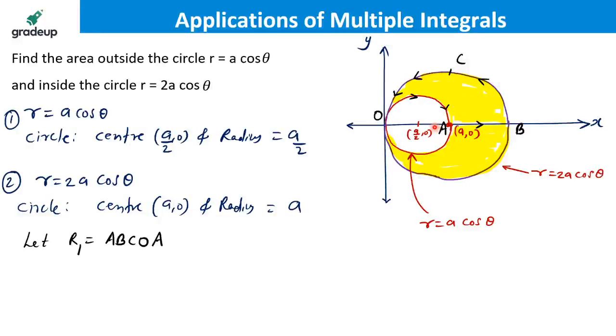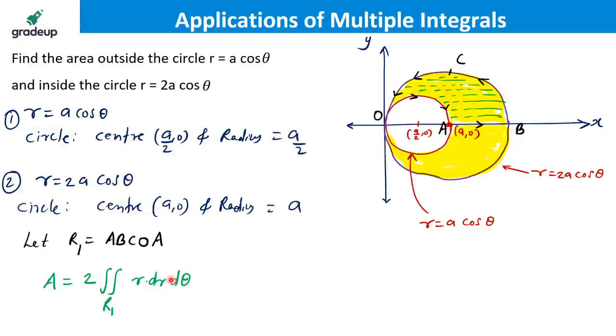What I have assumed here is that only the upper half is my region of integration. I know that whatever is the area of this upper half, the same is the area of the lower half. So the total area will be 2 times the double integration over the region R1 of r dr d theta.